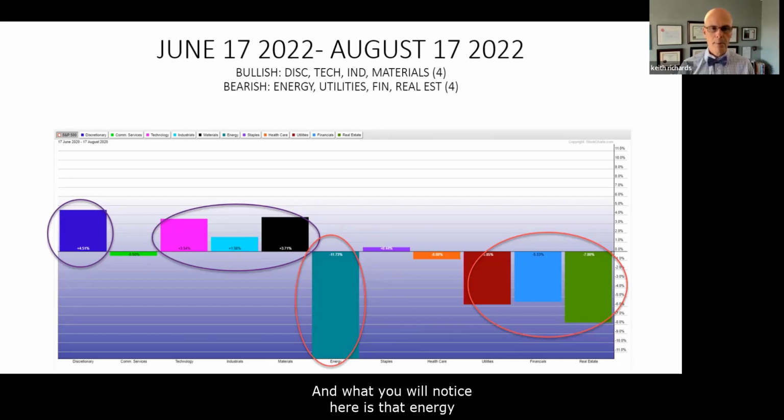And what you will notice here is that energy was the big loser. So this is a comparative relative strength. This is not an outright return. So when we see energy went down is negative 11.7% on the screen here, that doesn't mean energy lost 11.7% that month. What it means is versus the S&P's rally, the market was up around 10 plus percent.